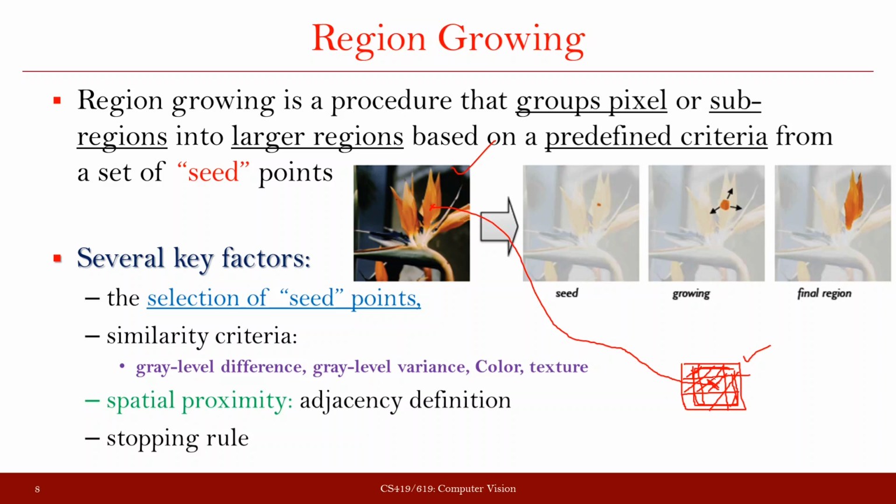Now again we can perform the same process on all these boundary pixels. We have 8 boundary pixels, and for all of them we analyze their neighbors, and if those neighbors share the similar characteristic that these pixels have, then again we will grow this area.